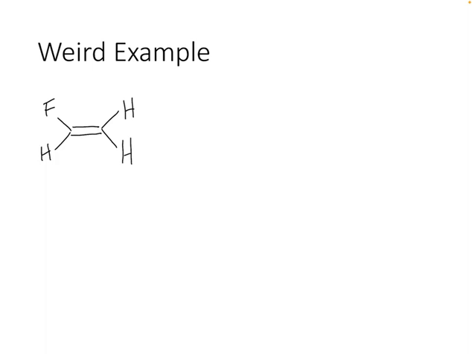So we have HA and HB like before, but the third hydrogen is actually not equivalent to HB because HB is trans to fluorine and the other hydrogen on top is cis to fluorine, so that makes them different.